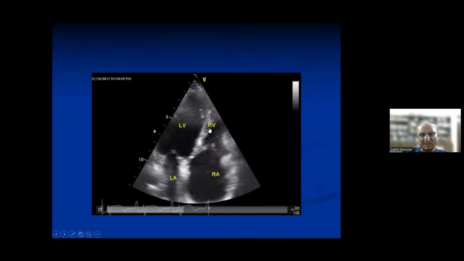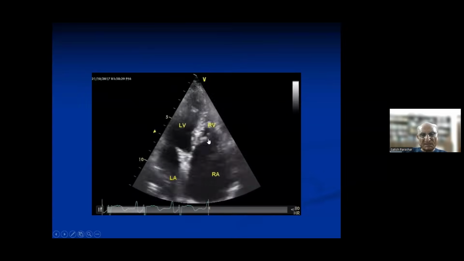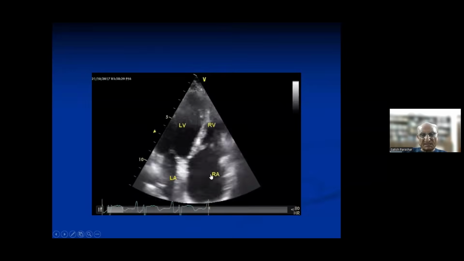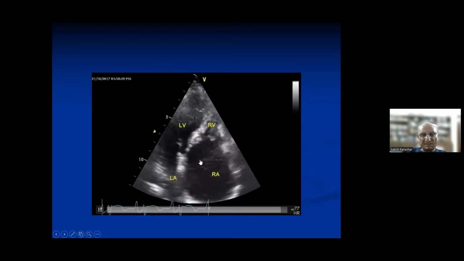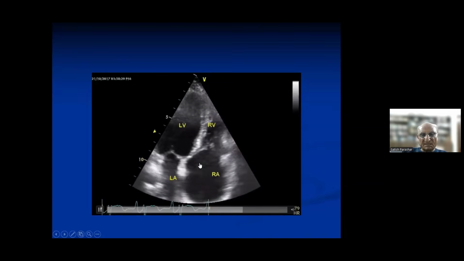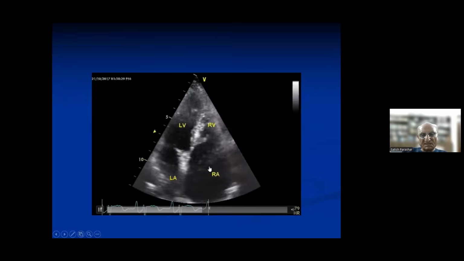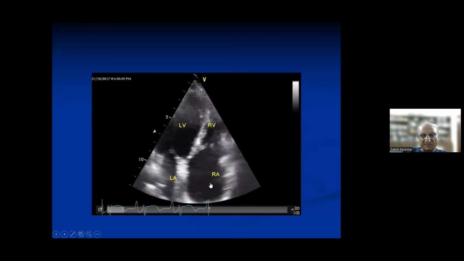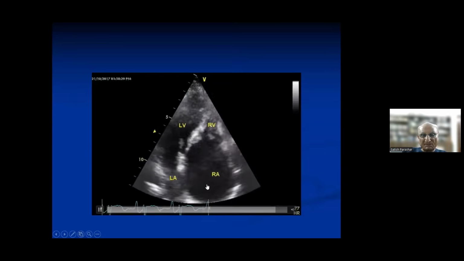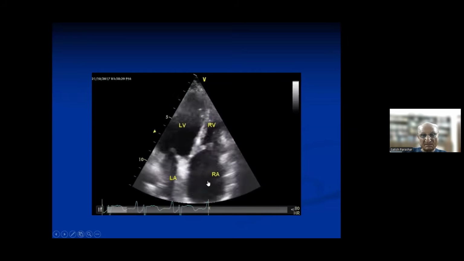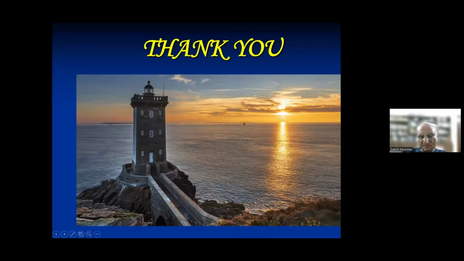The increased pressure in the RA will lead to increased RA dilatation, and because the IVC drains into the RA, the same increased pressure in the RA is transmitted back to the IVC, so the IVC will also get enlarged. So any questions now?